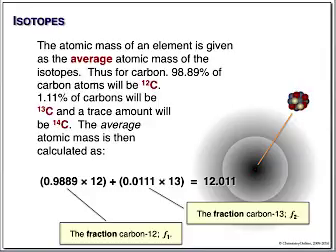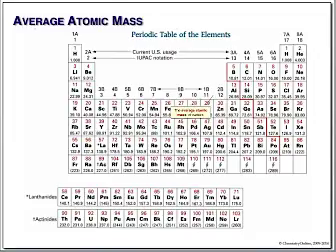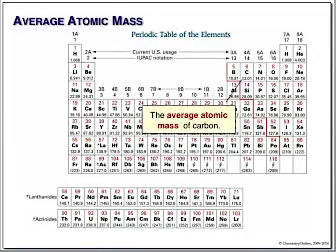That's the average mass, and that's the mass we use whenever we want to do quantitative calculations. Now we'll do these same calculations 2 or 3 times today even, but just make sure that you understand the concept of isotopes. Oh, here's the periodic table, and you'll see that is 12.01 for carbon.